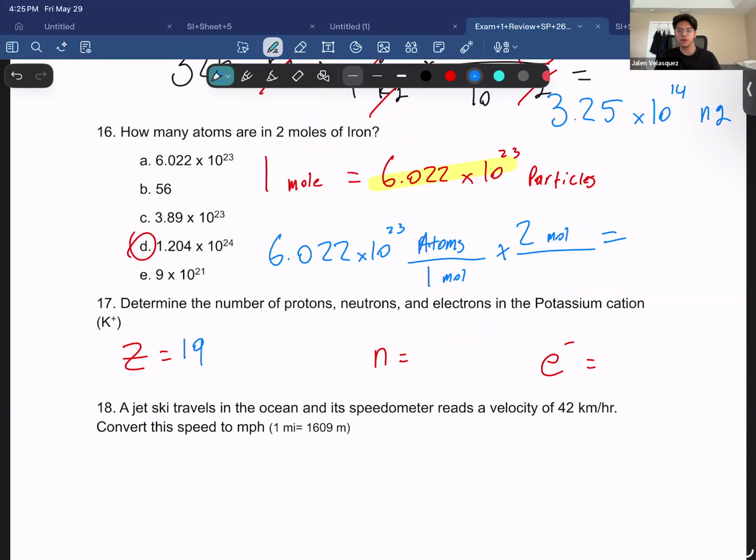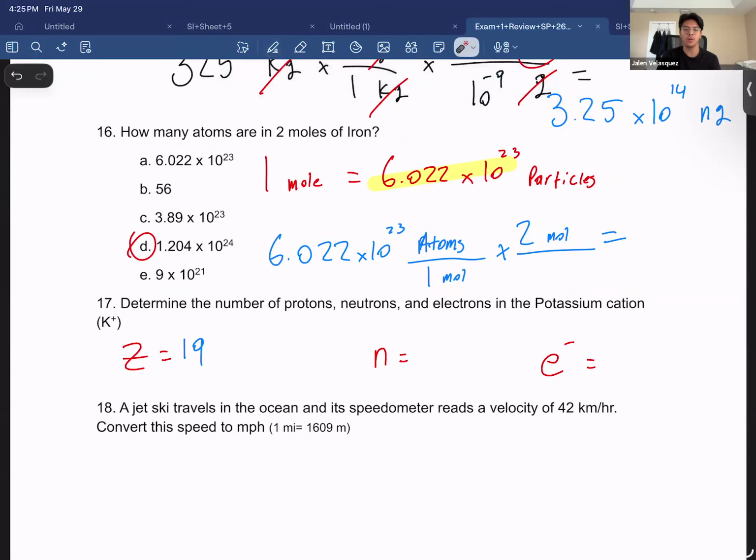Next, let's figure out the electrons. We have the potassium cation, and we know that potassium makes a +1 ion. So how many electrons would my potassium ion have if it's a +1 cation?